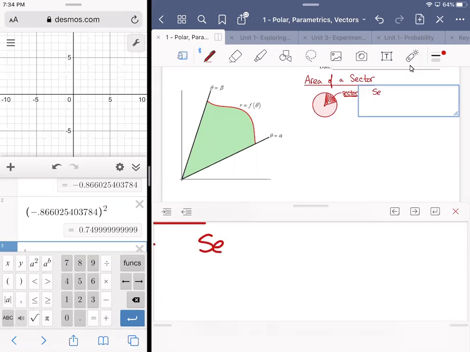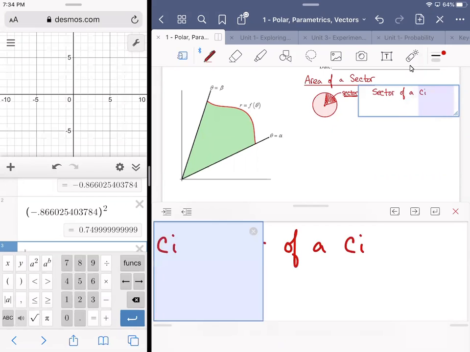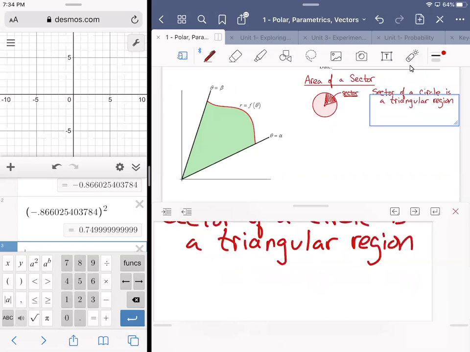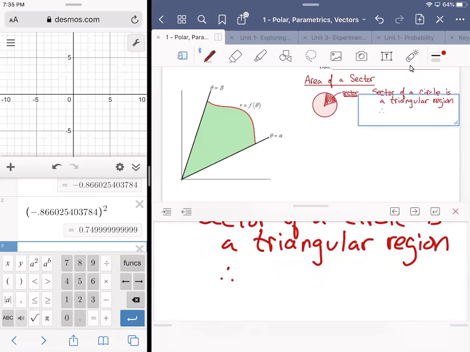So a sector of a circle is a triangular region. Therefore, we could think of the area as the same as the area of a triangle. So the area of the sector could also be thought of as half the base times the height.